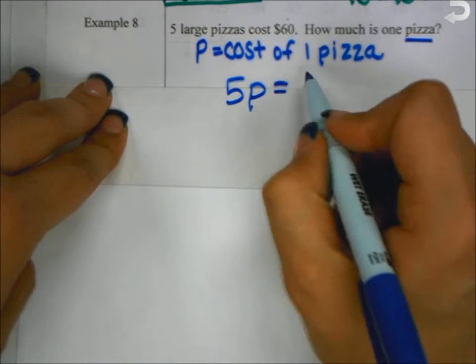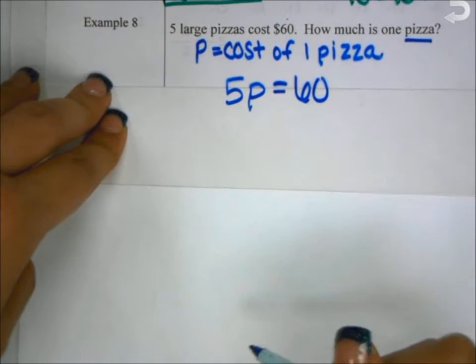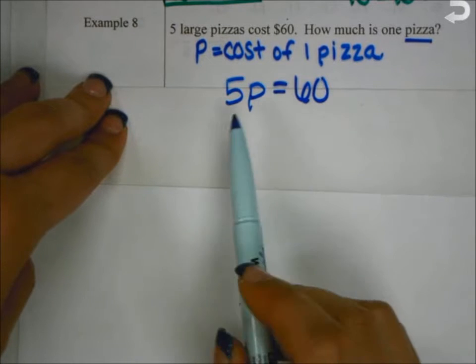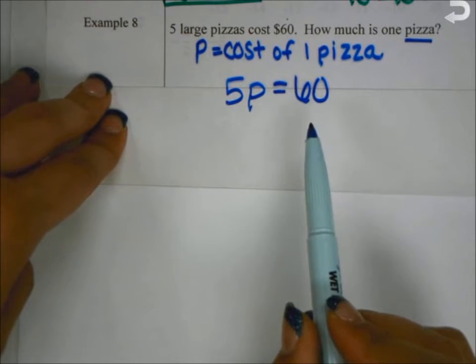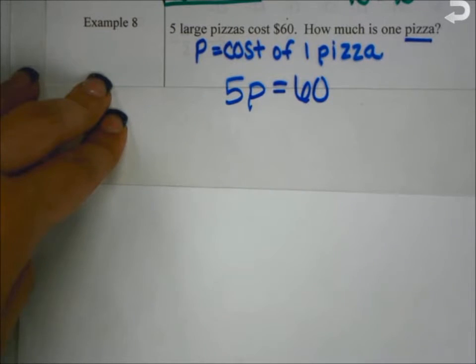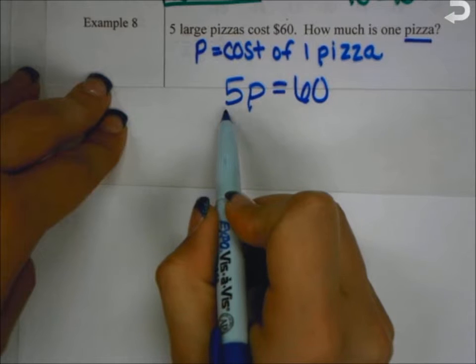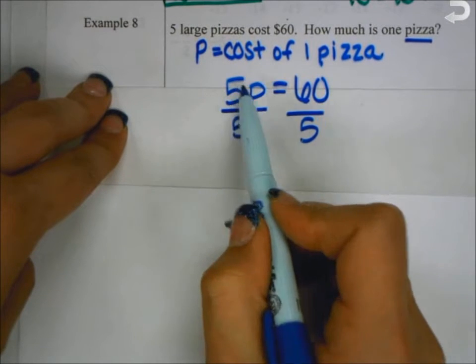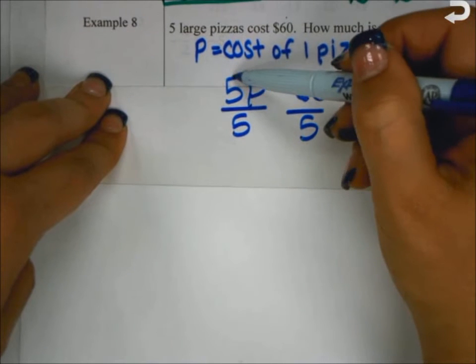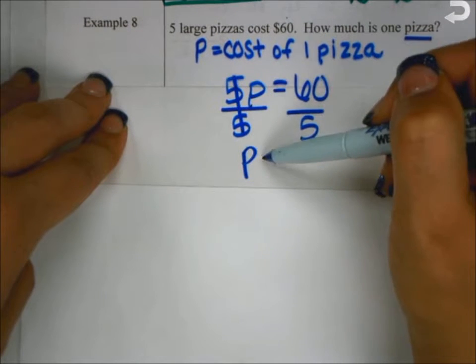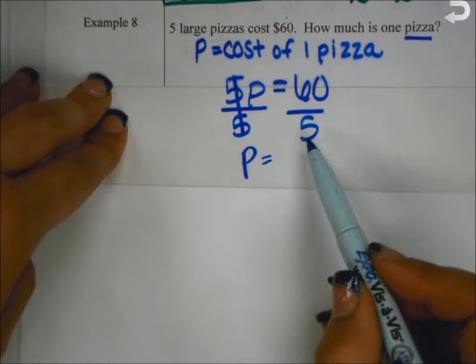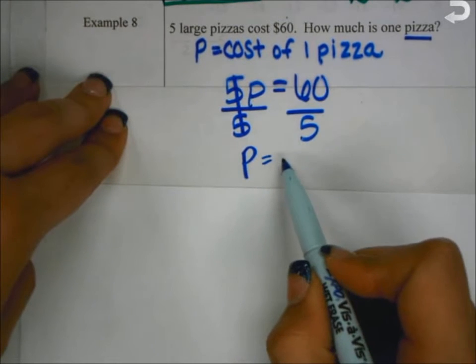What do I do to solve for P? Jacob? I divide both sides by 5. 5 divided by 5 gives me 1, so I'm left with just P equals 60 divided by 5. 12. 12 what? Dollars. So the cost of one pizza is $12.